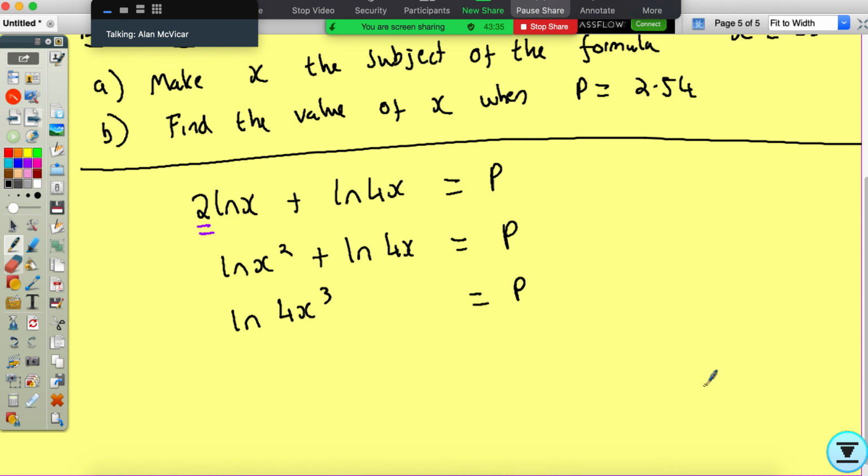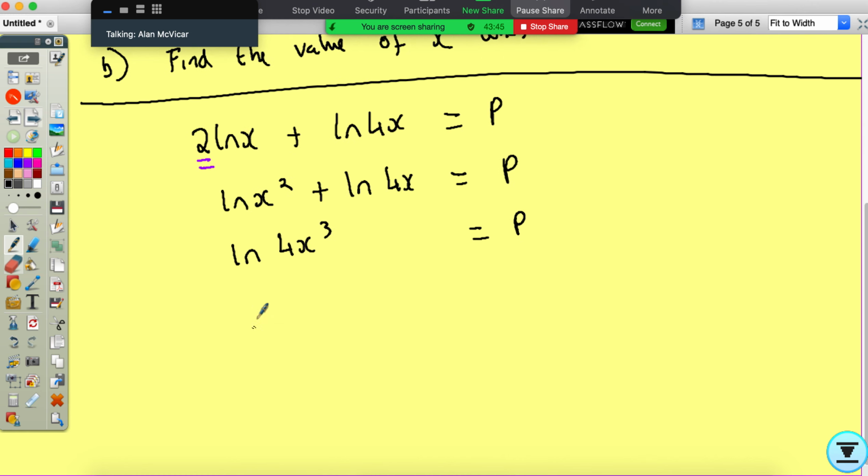Now what I've done is isolate the ln, so I've only got one ln term. And when I get to that point, this is not wholly mathematically great, but I like it because it makes a lot of sense to people. We're going to take the exponential of both sides.